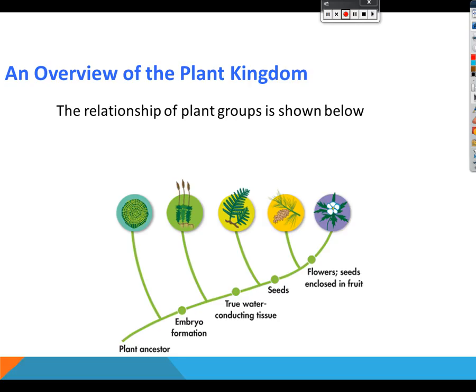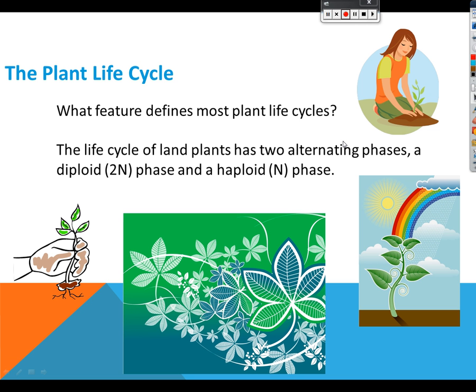The angiosperm produce flowers, and in that flower will be the seed, and the seed is typically enclosed or encased in some kind of fruit. Okay? And this is basically the cladogram, if you will, of how plants developed, basically separating these four groups.